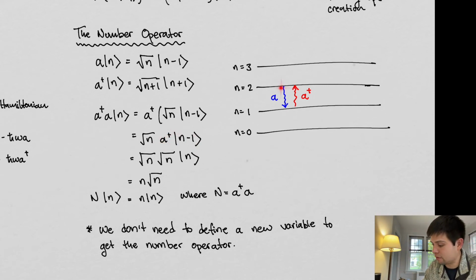That's what I have depicted here. Say n equals 2: we lowered down to 1, and then with a dagger we went back up to 2. So in this case, we went to n minus 1 and back to n.